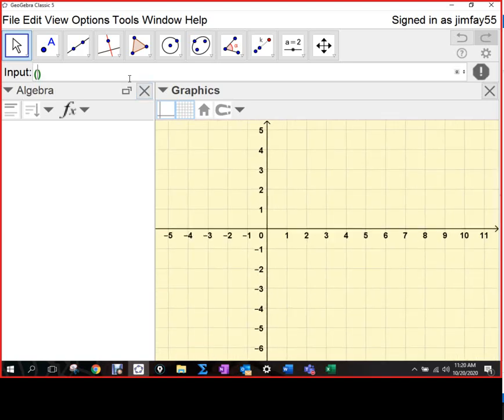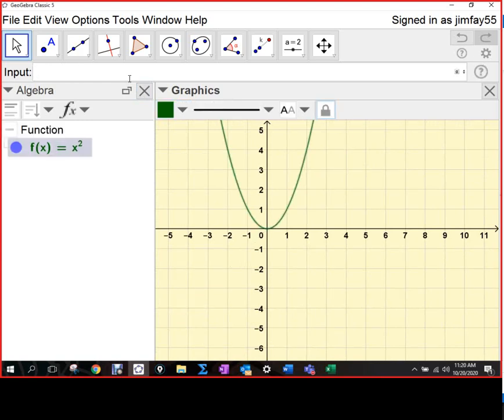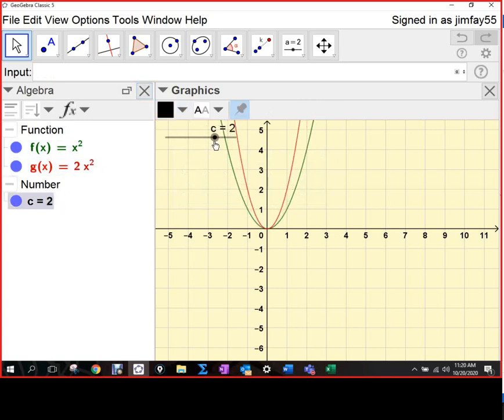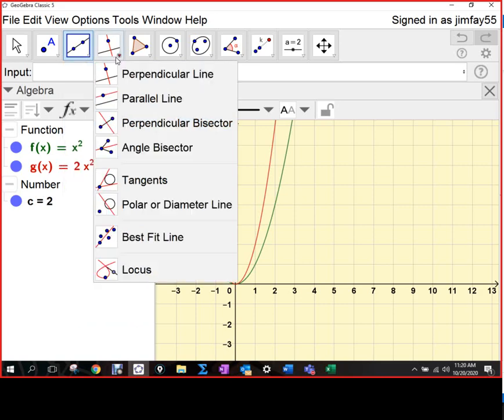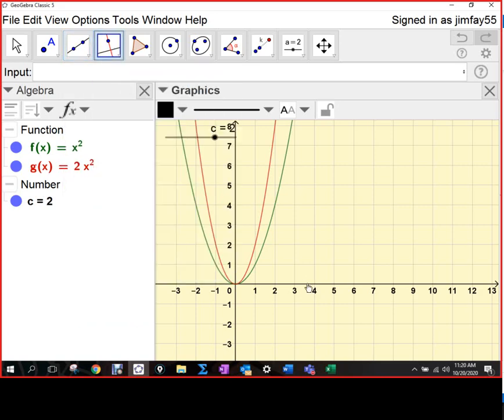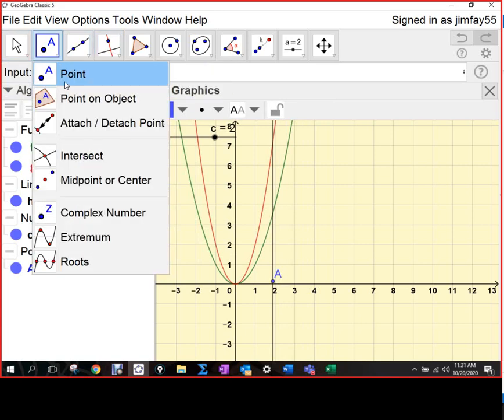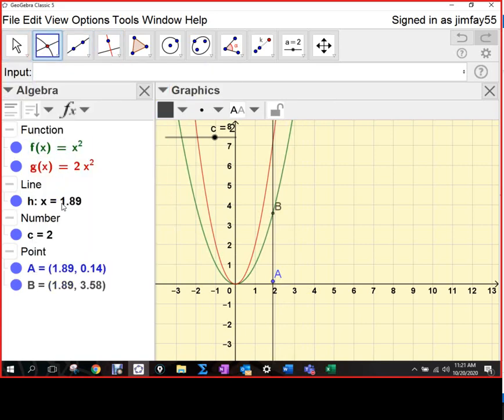If I write f of x equals x squared, and then I'm going to say, well, what does it look like if I take c times f of x? And let c be any number I want. I'm just going to put some lines in here to make a comparison of points.